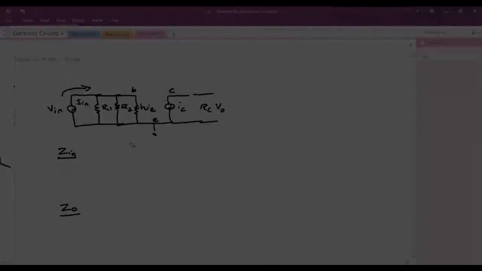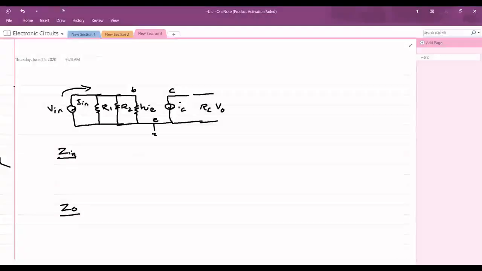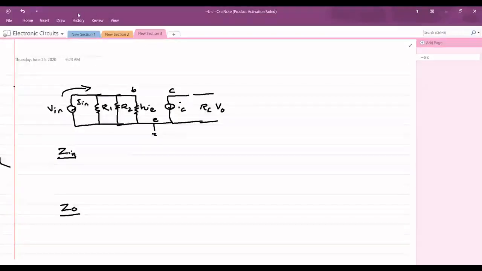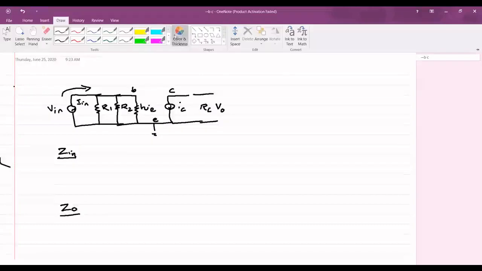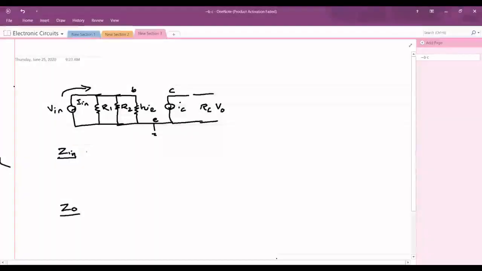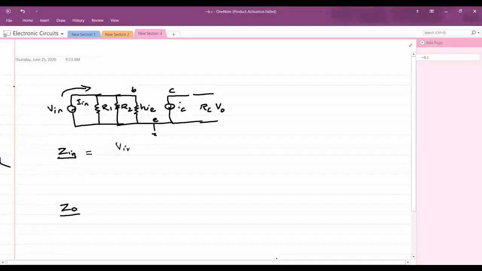Okay, now we need to find out the input impedance of the amplifier. The input impedance can be found from the AC equivalent circuit. Looking at the input circuit, ZIN is equal to VIN divided by IIN.